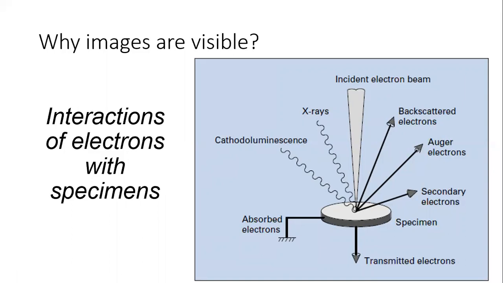As you can see here, there are different types of electrons that come after the electron beam hits the specimen, such as the X-rays, the backscatter electrons, the secondary electrons, and many others, like the Auger electrons and the transmitted electrons. These are the ones that are used in transmission electron microscopy, which we are not going to talk about.